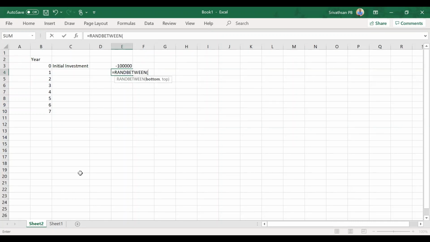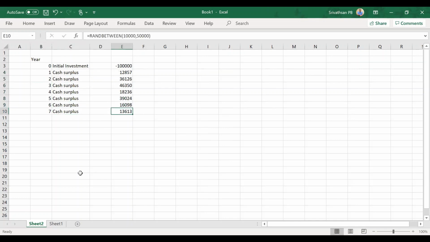Just taking some random numbers, and 50,000. Since it's random, it keeps changing. Let's freeze it. I've frozen it. And the rate of borrowing is say 8%. I borrowed at 8%.